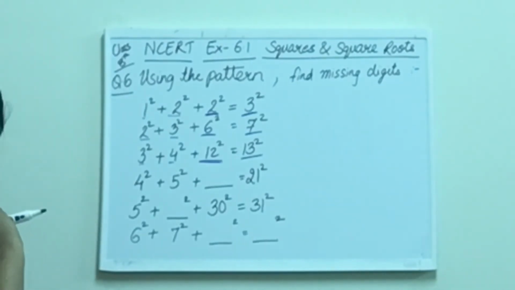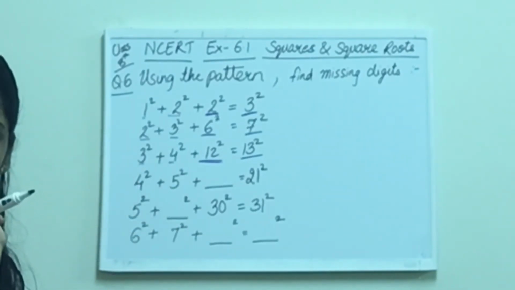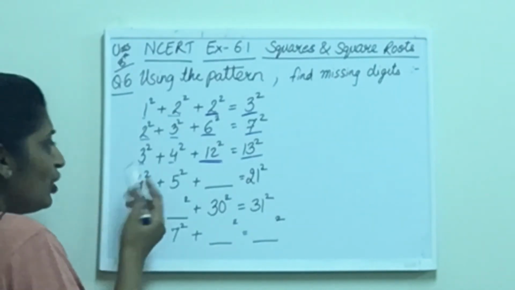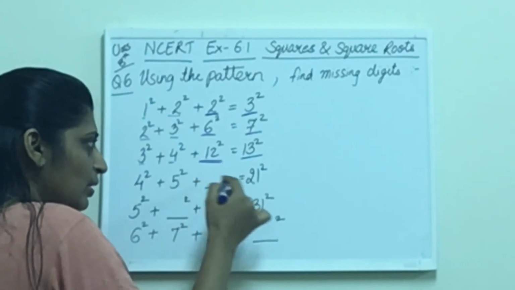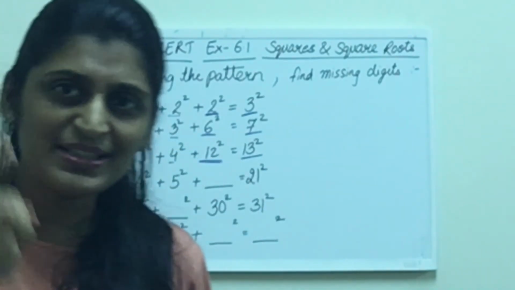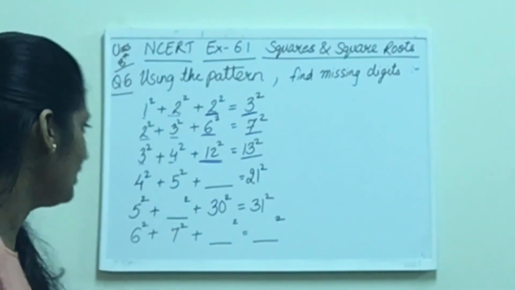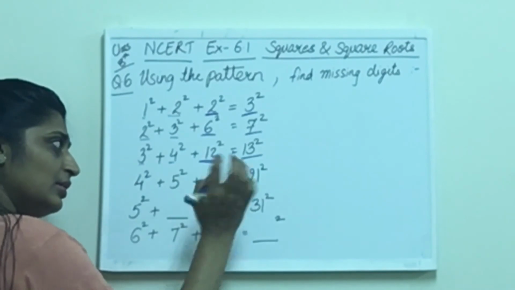Now I guess and hope that you all are able to fill the next 3 missing numbers. So 4 square plus 5 square plus a number is equal to 21 square. So now, yes, you are correct. You guessed it correctly. 4 square and 5 square. What should be here?